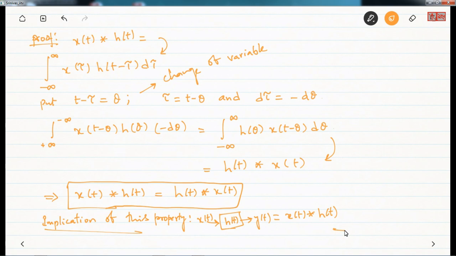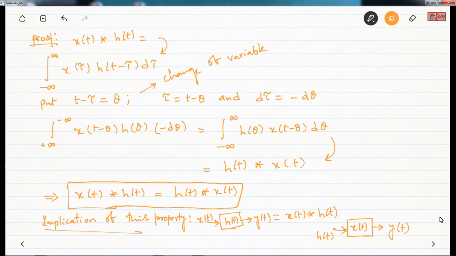But I can also give h of t as the input to a linear time invariant system having its impulse response as x of t, and I'll still get y of t.